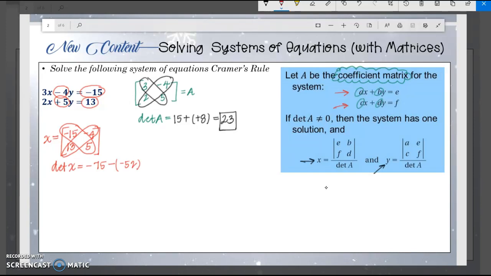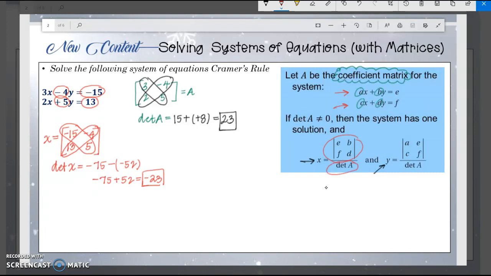So all that I'm going to do in this case is to subtract here. So I've got -75, but subtracting a negative means that I end up adding. So I get -75 plus 52, which is -23.